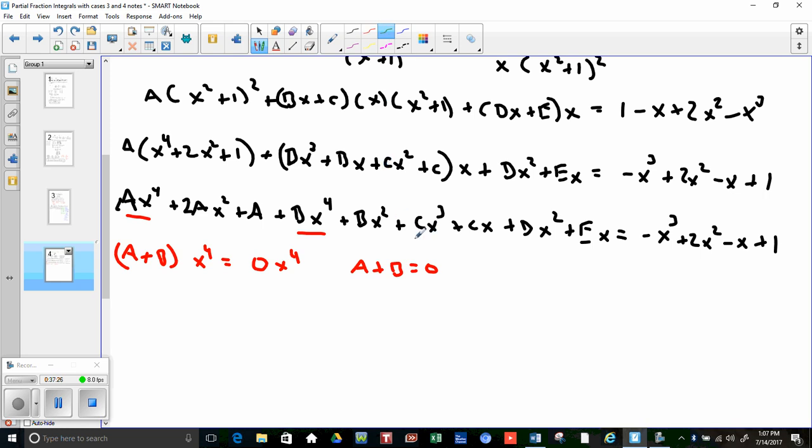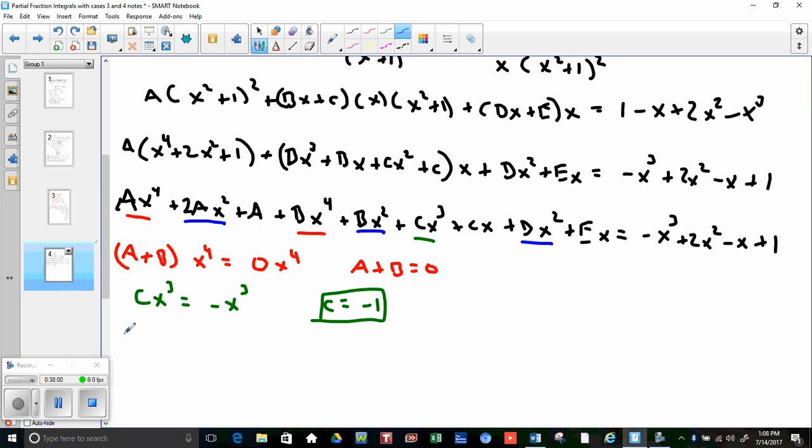X cubes. I've got a Cx cubed here, and I think that's it. Well, that'll help. So I've got Cx cubed has to equal negative x cubed, which means that C has to be negative 1. That helps. That's finished. X squared is 2Ax squared, Bx squared, Dx squared.